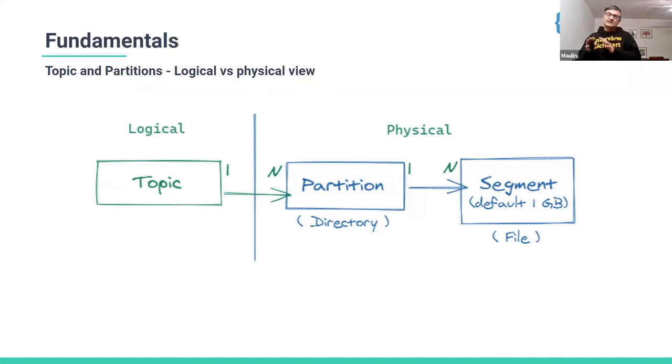At a physical level, a topic maps to n partitions, and each partition has n segment files. Partitions are basically nothing but folders or directories on your operating system, and the segment files are obviously the files. They have a default limit of 1 GB, which is a configurable value. You can change it depending upon your needs.